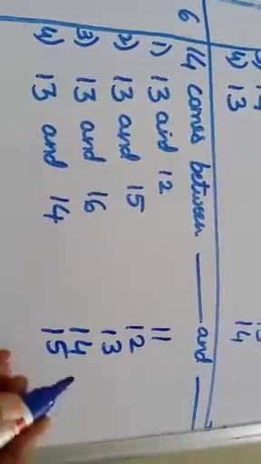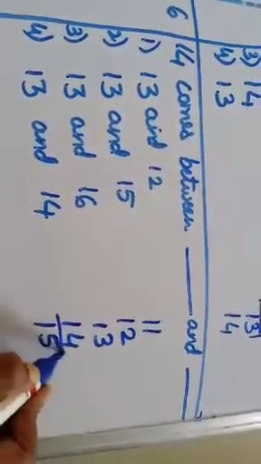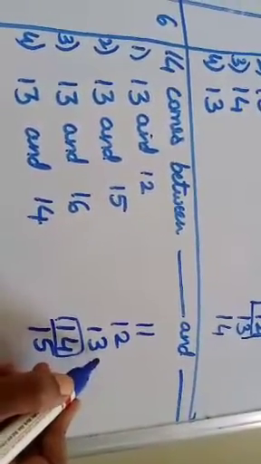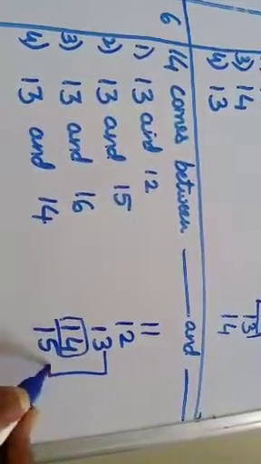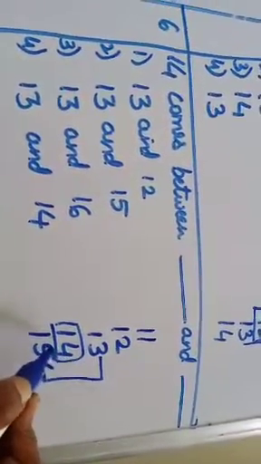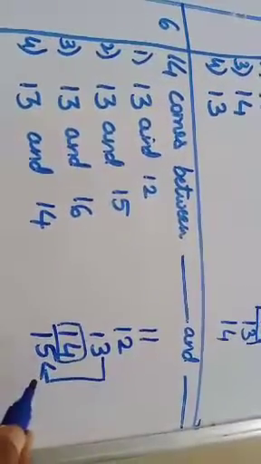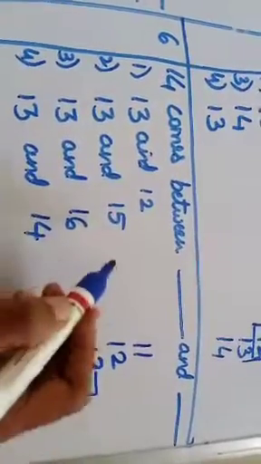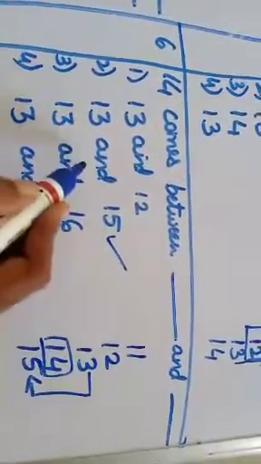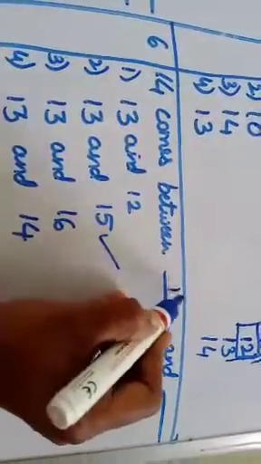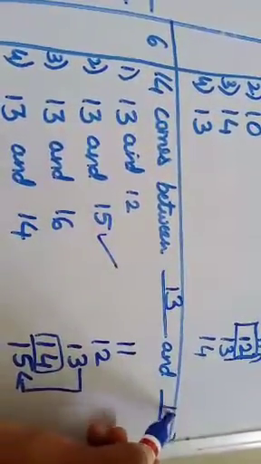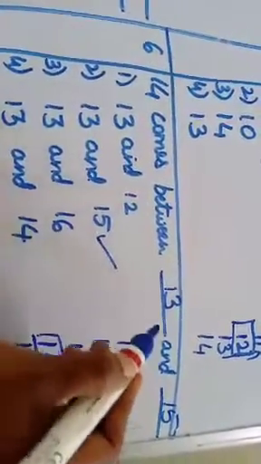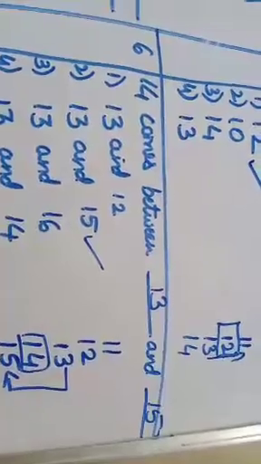So 14 is a between number here, right? And which are the numbers there between here? 13 and 15, between them 14 is there. So the right answer is 13 and 15. That is second option, 13 and 15. So tick mark it and write in the space. 14 comes between 13 and 15.